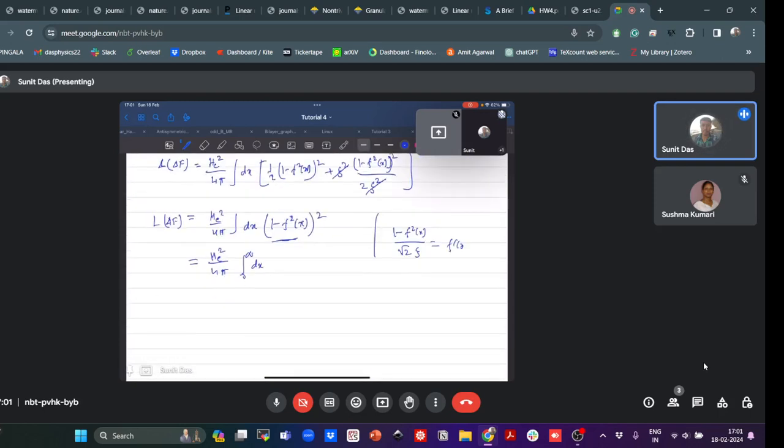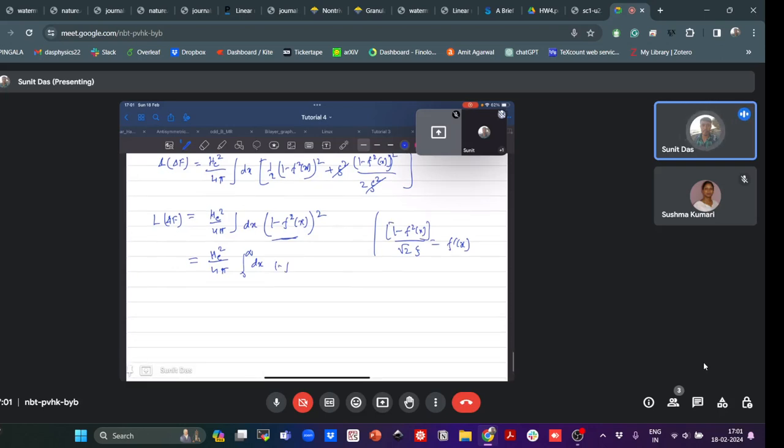So f prime x. Now let's apply this. So I'll write one part of this using f prime x, and then another 1 minus f square x, right?